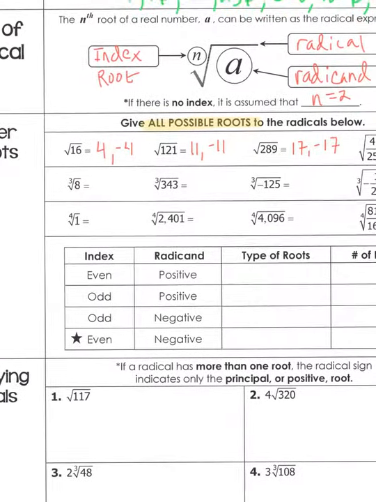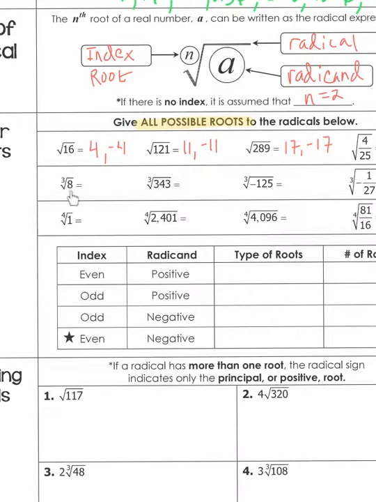Then we're going to move to cube roots. So a cube root just means what number times itself 3 times gives you 8. Well, that's 2 times 2 times 2. So the cube root of 8 is 2.